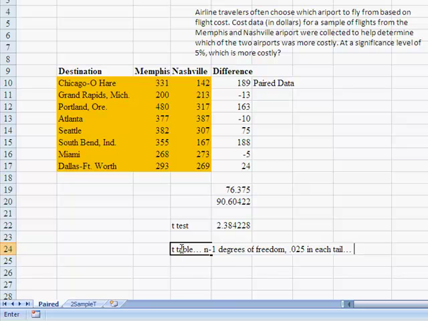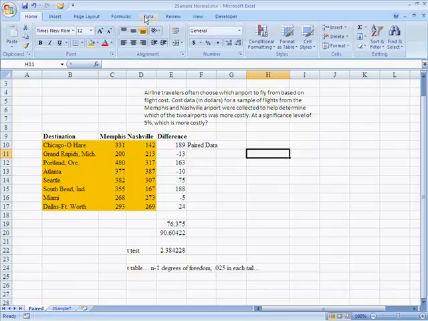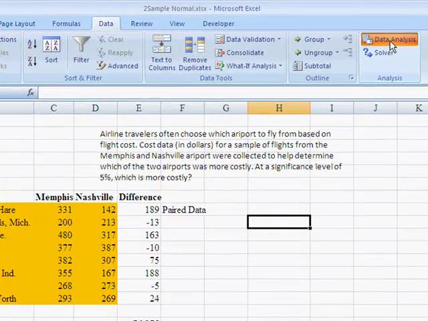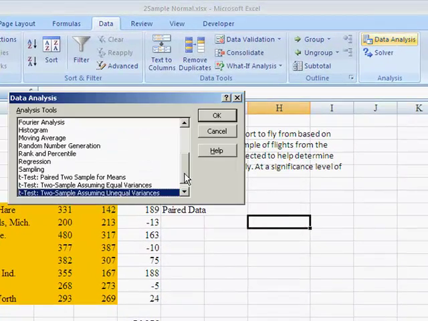And I will find a significant t here by looking at my t-table. Or I could go ahead and use that data analysis pack and ask Excel to do this for me.